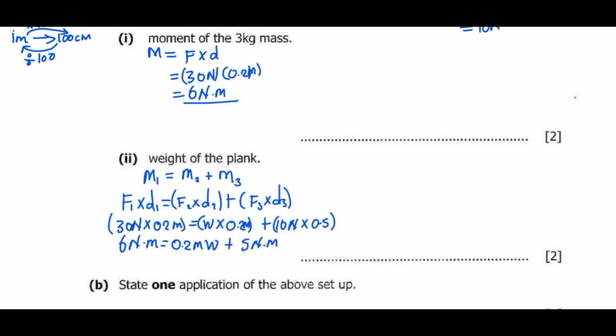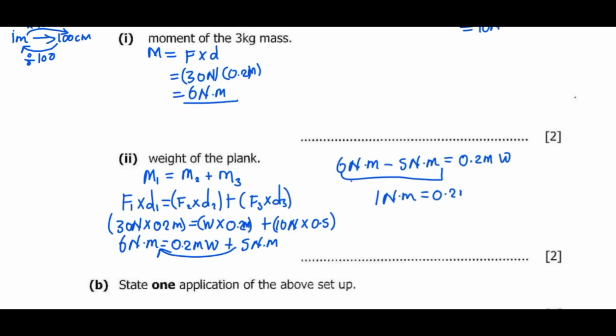So we are going to collect the like terms, so this will shift to this side. So we are going to have 6 newton meters minus 5 newton meters is equal to 0.2 meters W. So if we find the difference between these two numbers, we get 1 newton meter is equal to 0.2 meters W, over 0.2 meters, over 0.2 meters.